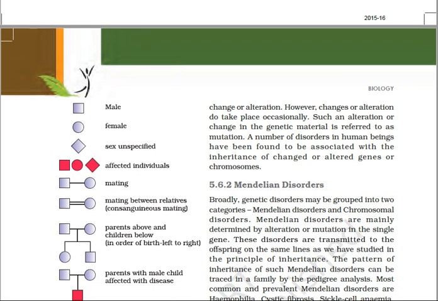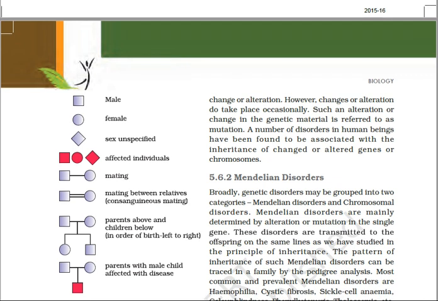Then a solid symbol represents the affected individuals, which is filled with color. An open symbol represents the normal individuals, that is without any color.